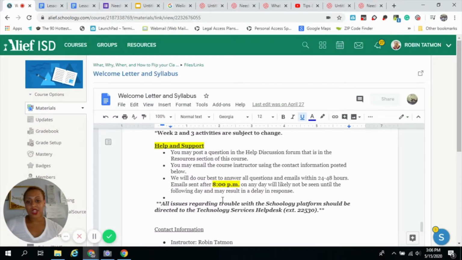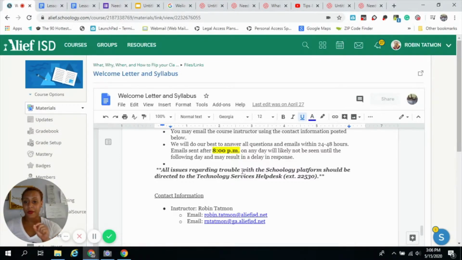I also let them know what time they should send emails, because I say email sent after 8 p.m. any day will likely not be seen until the following day and may result in a delayed response.